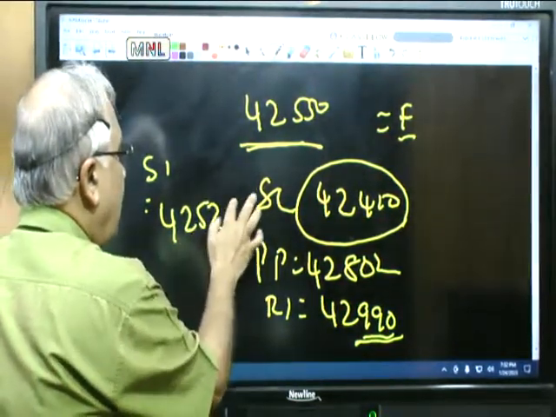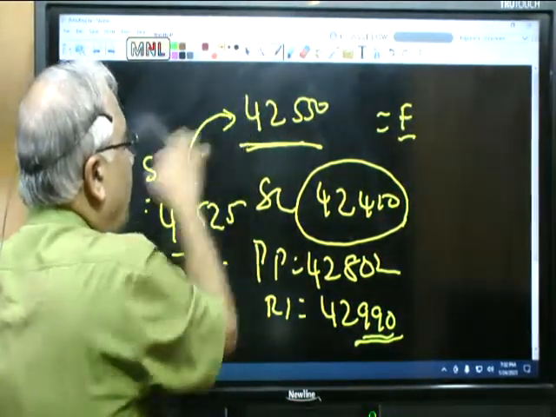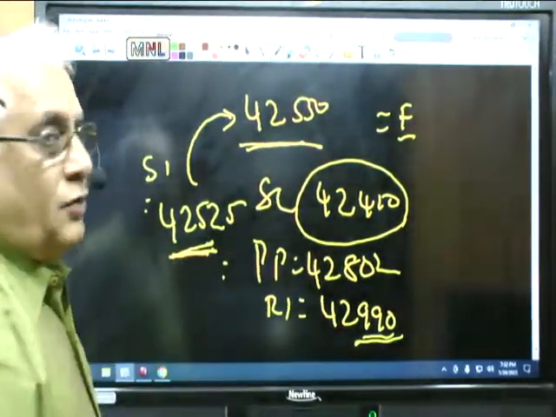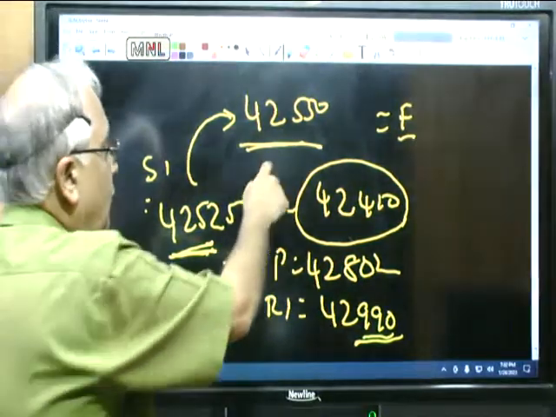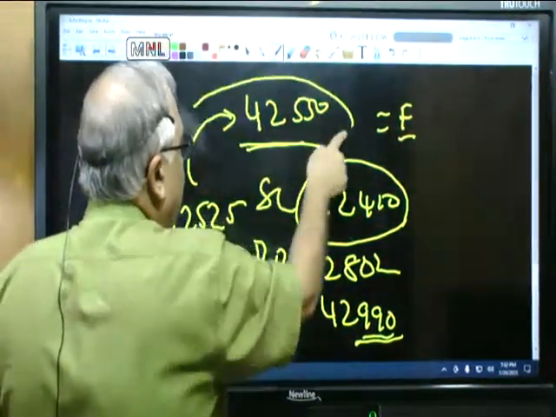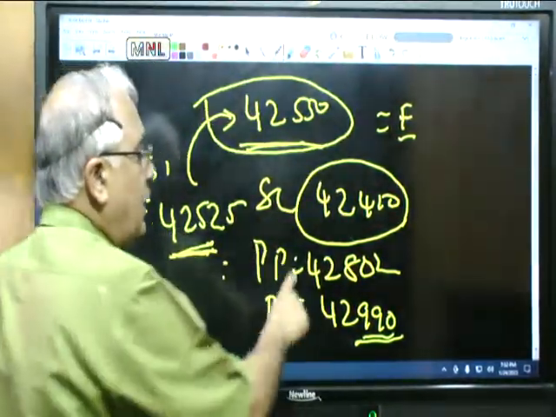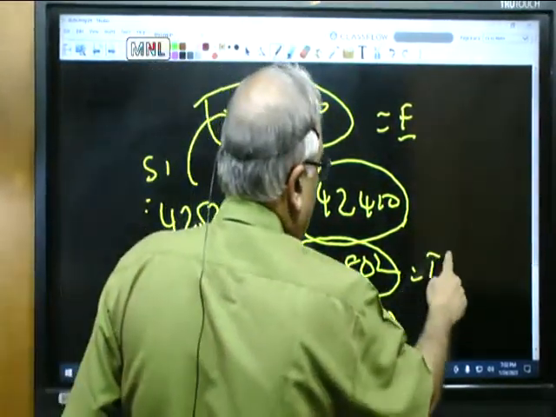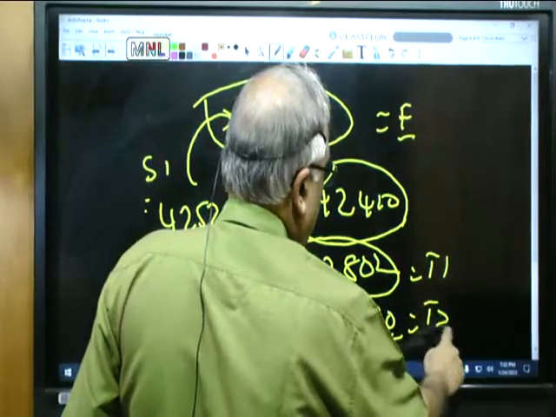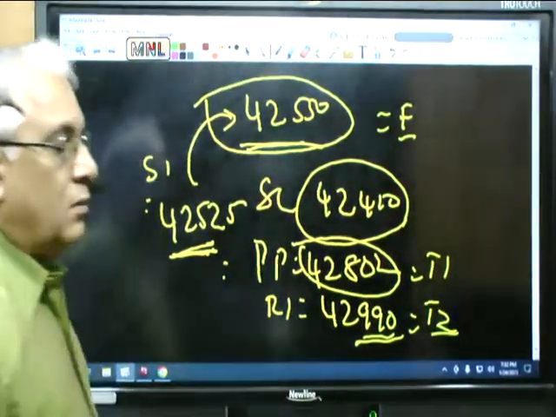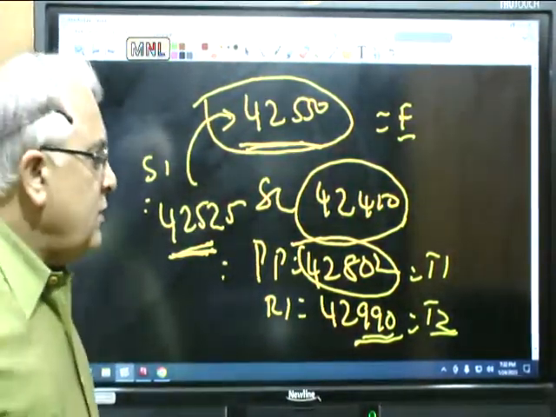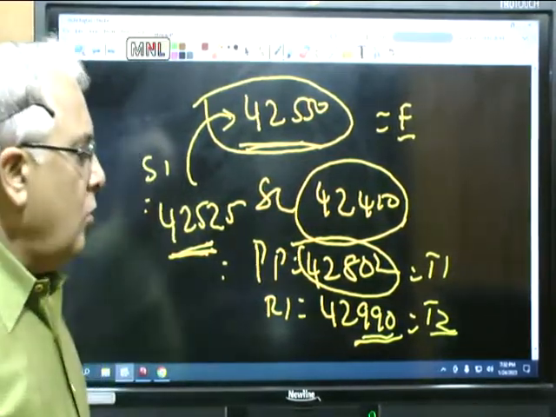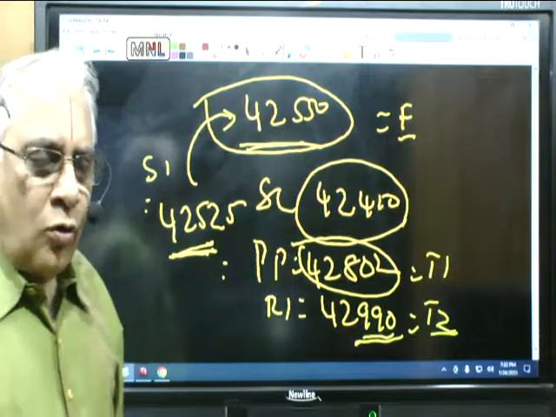That is why we said the Fibonacci level 42,550 and 42,520 are coinciding. So if there is a fall, you buy at this. First target is this, then target 2. Since this is in a slight uptrend, I would prefer not to go for a sell.